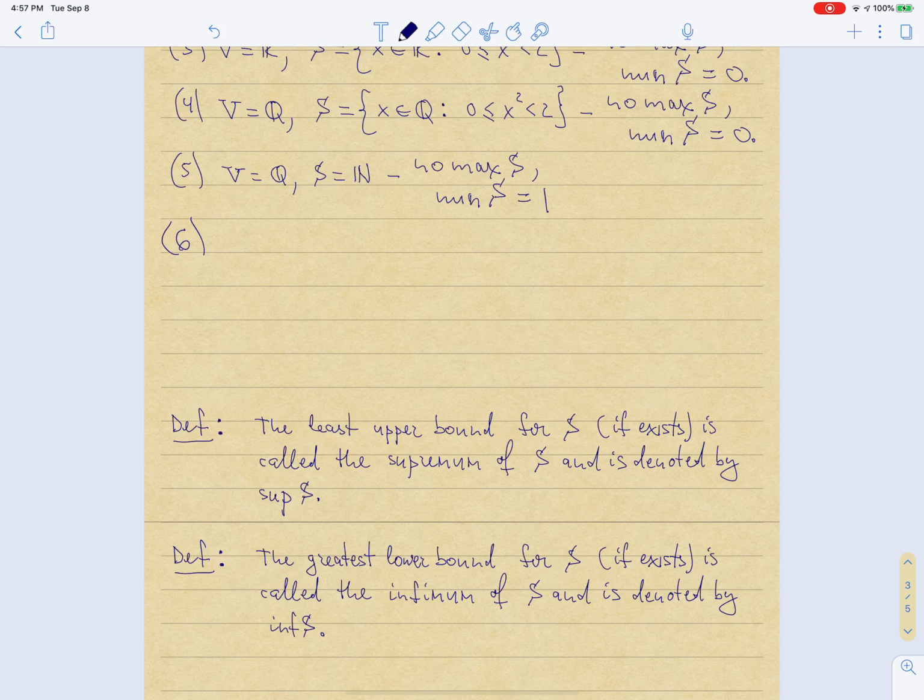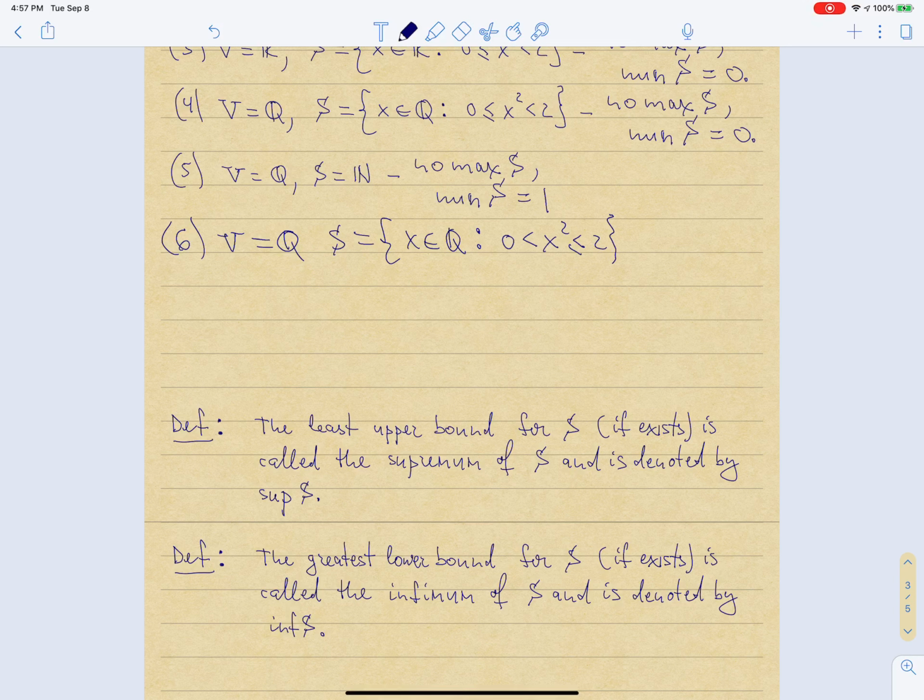Let's consider a similar situation to 4, but I'm going to interchange the inequalities. So S is going to consist of all rational numbers such that 0 is less than x squared less or equal than 2.